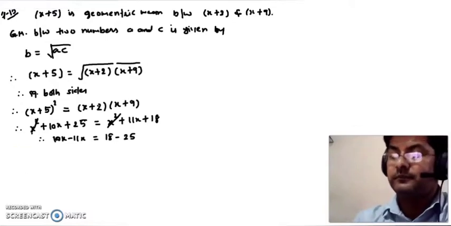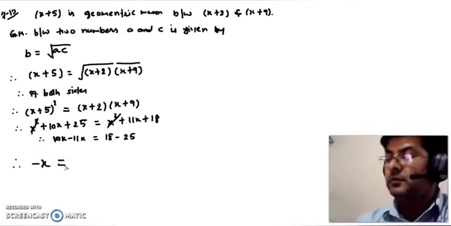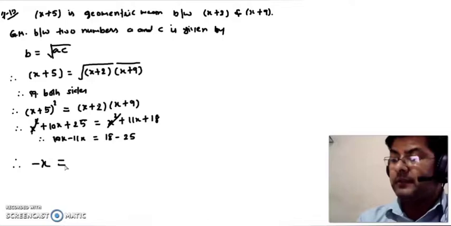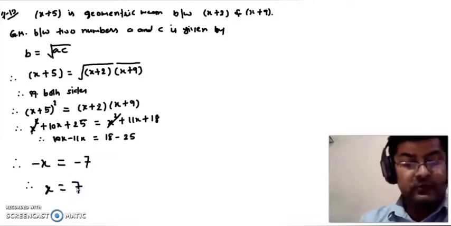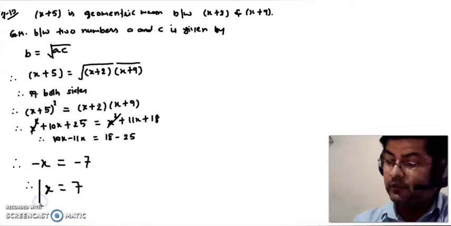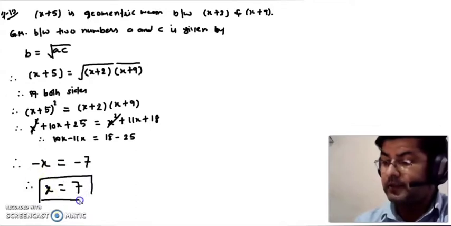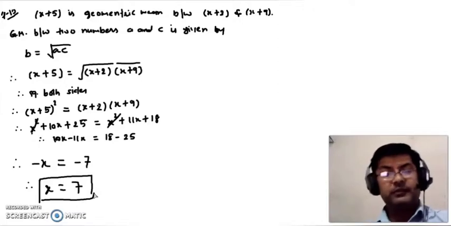Therefore minus x is equal to minus 7, and therefore x is equal to 7. So this is the required answer. We had to find the value of x. Clear? So question number 10 is over.